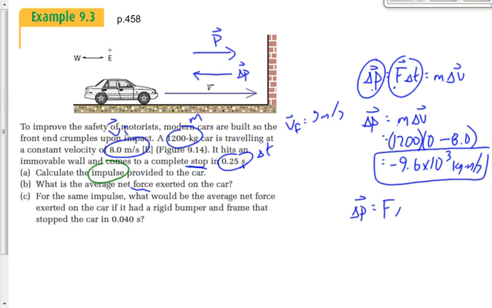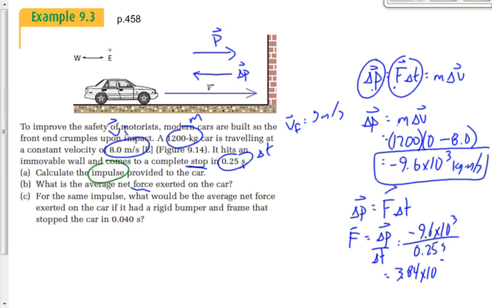And now let's set it equal to F times T. Let's rearrange this to solve for F. T goes down by dividing. I think that works out to be 3.84 times 10 to the 3 newtons.